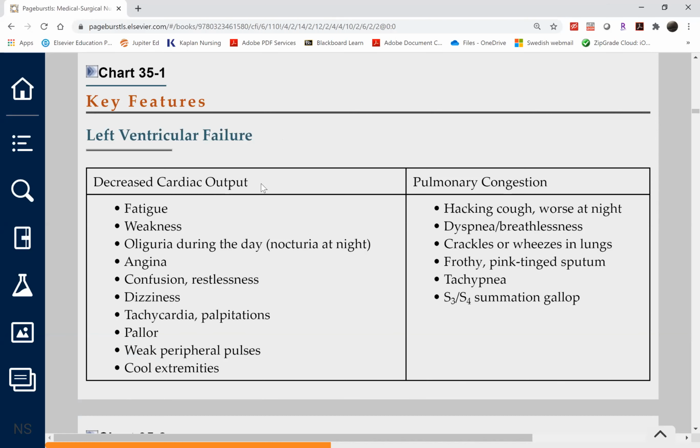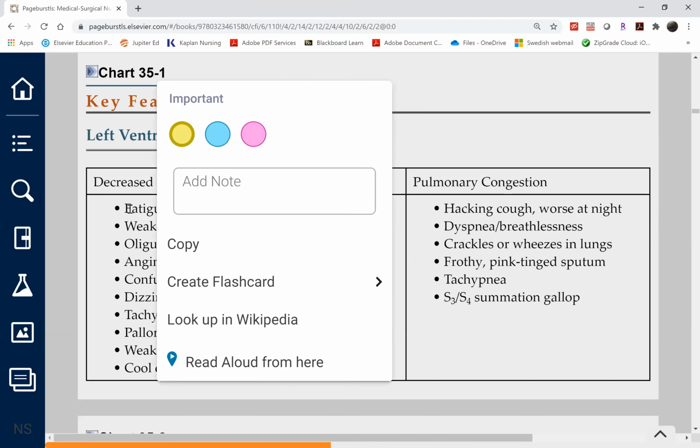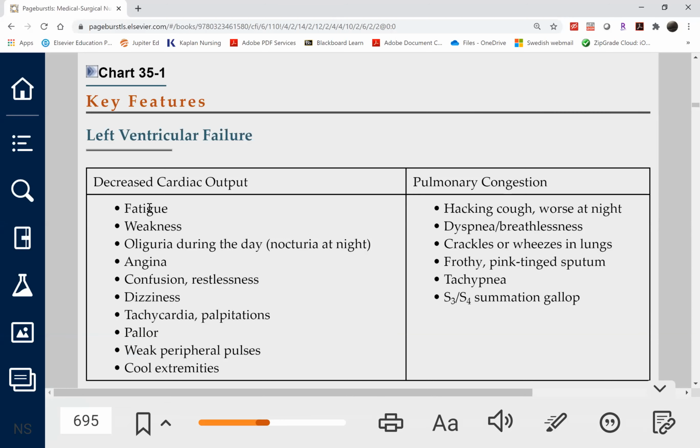So therefore, does it determine cardiac output? It does. Yes, because this is the last ventricle that will pump blood to the aorta. So whatever blood comes out of the left ventricle is your cardiac output, right? And that's the blood that's going to be distributed to the rest of the body.